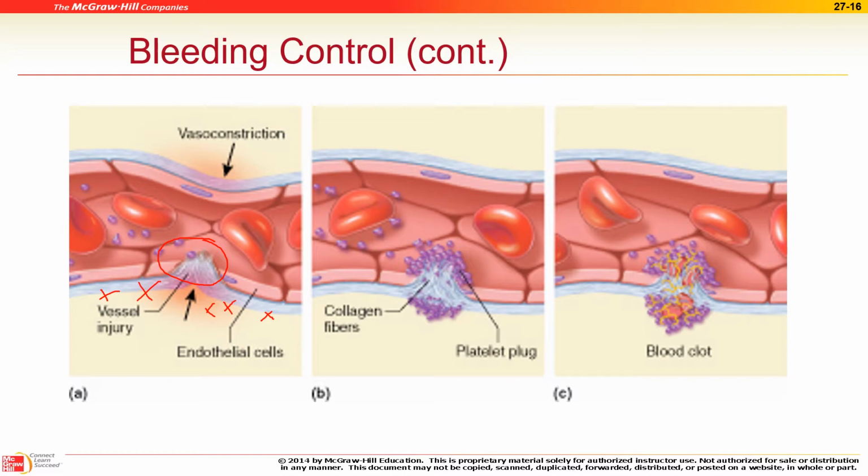So the platelets become sticky and the clotting cells become active and they turn on the platelets. So you get the stickiness, they build a clot, fibers form, and then you trap red blood cells and you get that clot. If it dries on the outside, you get a scab, and then the wound will heal.